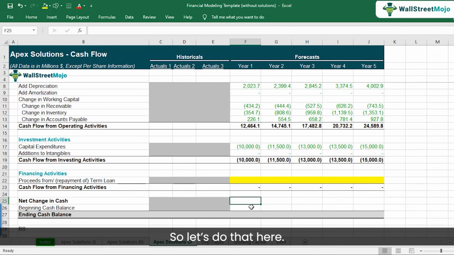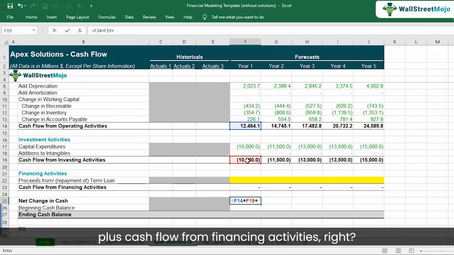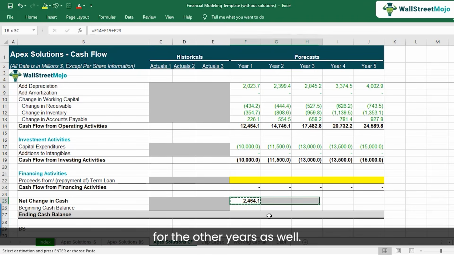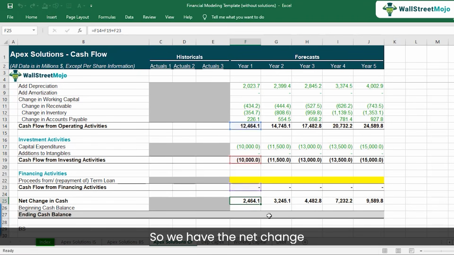The net change in cash is nothing but your cash flow from operations plus cash flow from investments plus the cash flow from financing activities. So this will be the net change in year one. Let's copy and paste this for the other years as well, so we have the net change for the whole 5-year period.